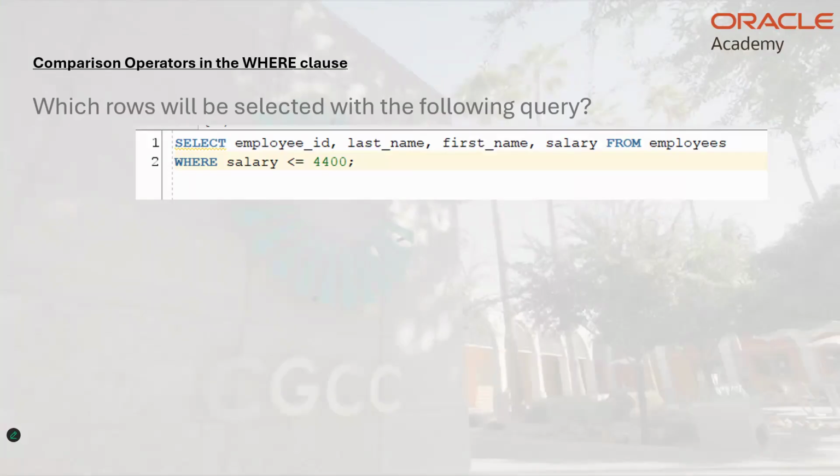So we want to select employee ID, last name, first name, and salary from employees where salary is less than or equal to 4,400.